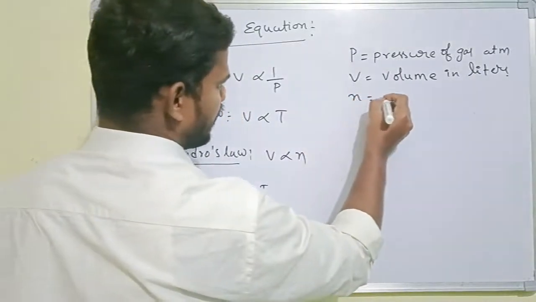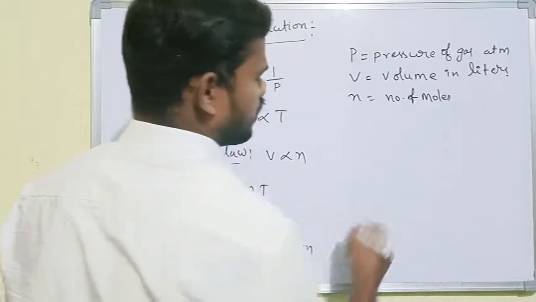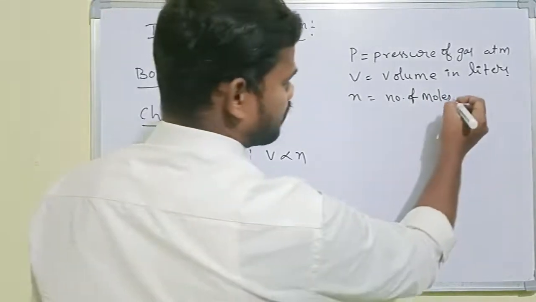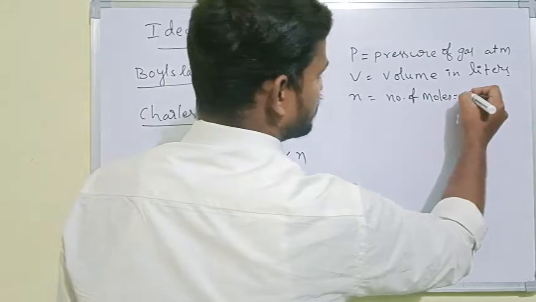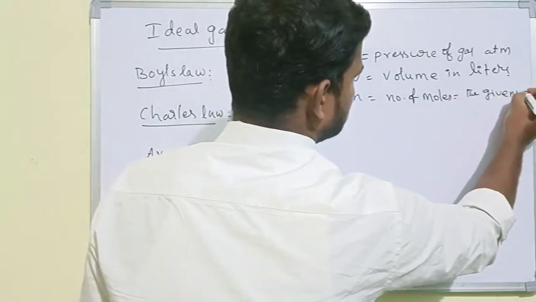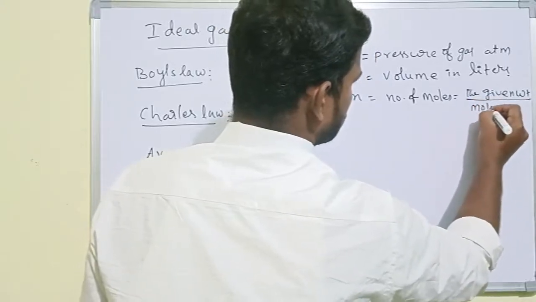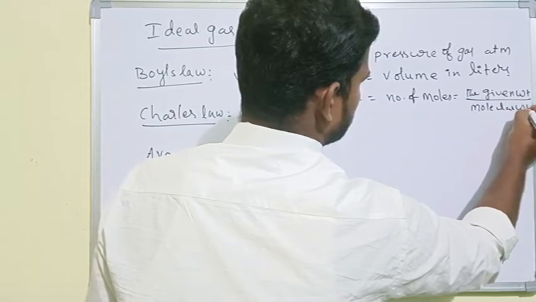N is the number of moles. If you don't know the number of moles, we calculate it as the given weight divided by the molecular weight, or molar mass.